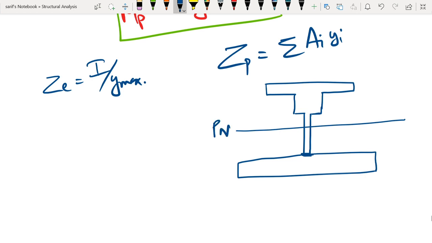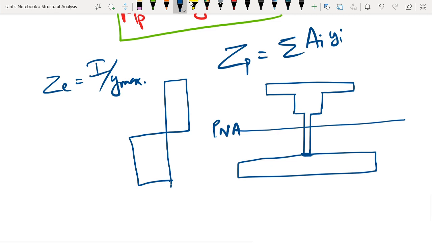This is the plastic neutral axis. So if you try to draw the section force, this will be the stress distribution.